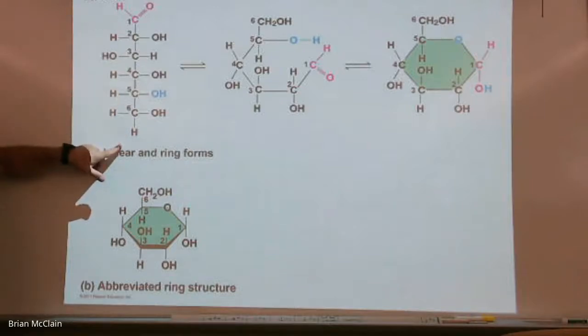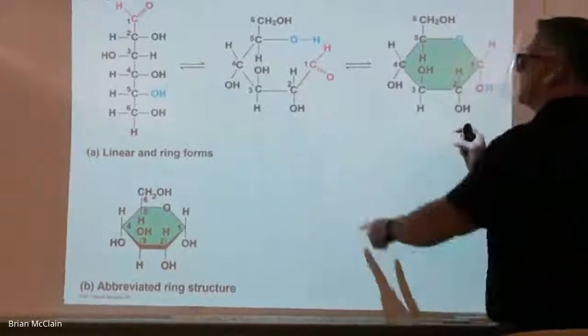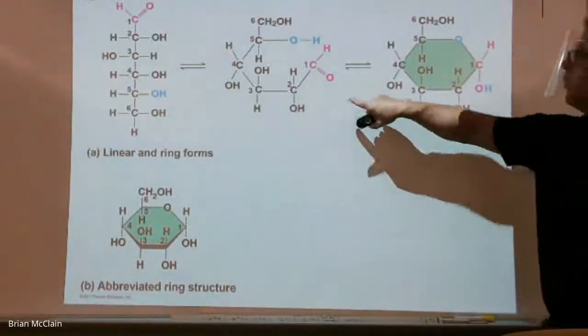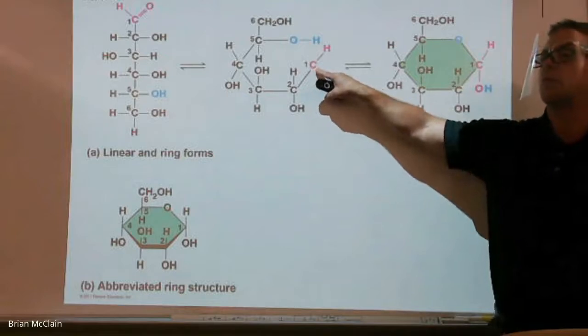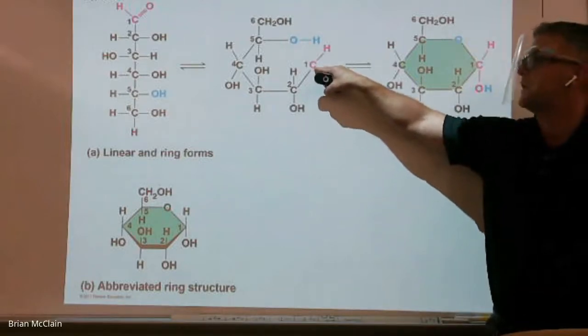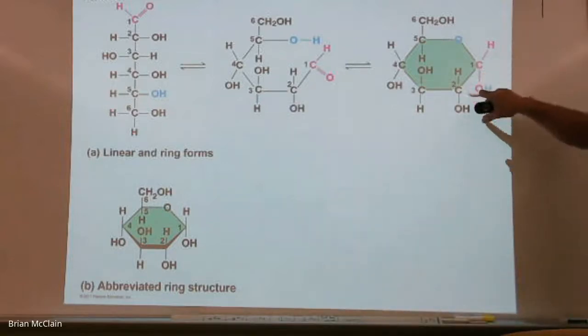So this is a 6-carbon hexose. So whenever it forms into what we would consider our ring structure, we start our numbering at this position, because we're going to be able to identify some changes that are taking place between some of the different components.